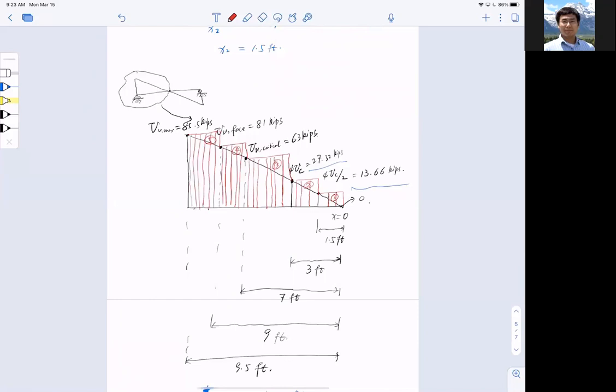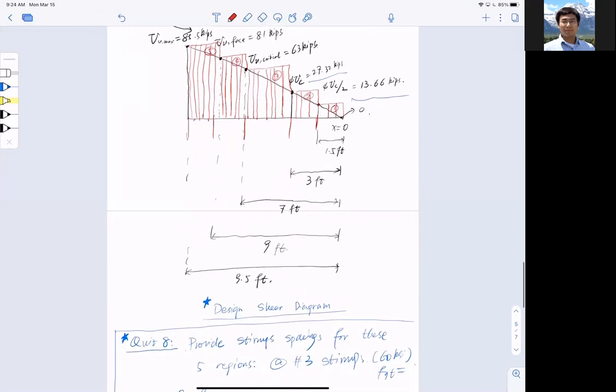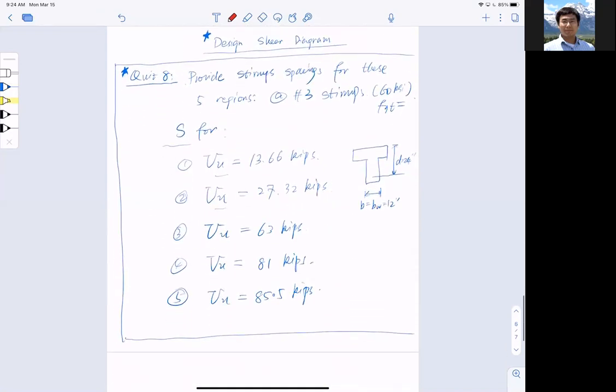So you have different stirrup spacings in these regions. I'll review the answer next lecture on how the spacing should look, and whether we can even simplify them. So this is the shear design.